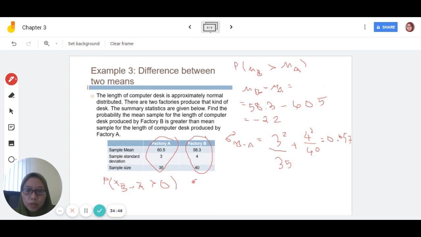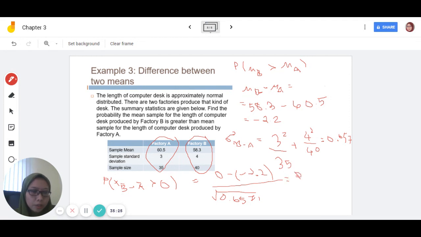So we compute the z value here: 0 minus the mean, so 0 minus minus 2.2, divided by the square root of the variance just now, which is 0.6571. And then we get the p-value.